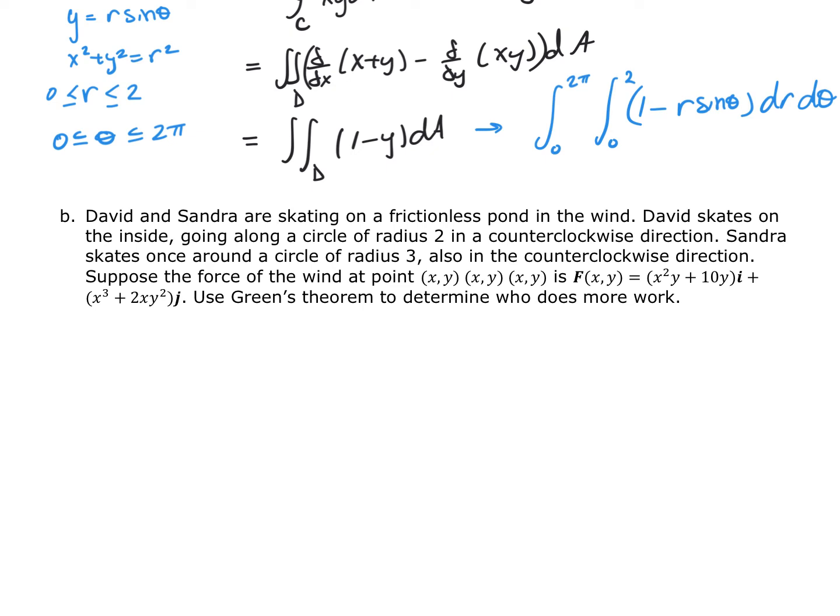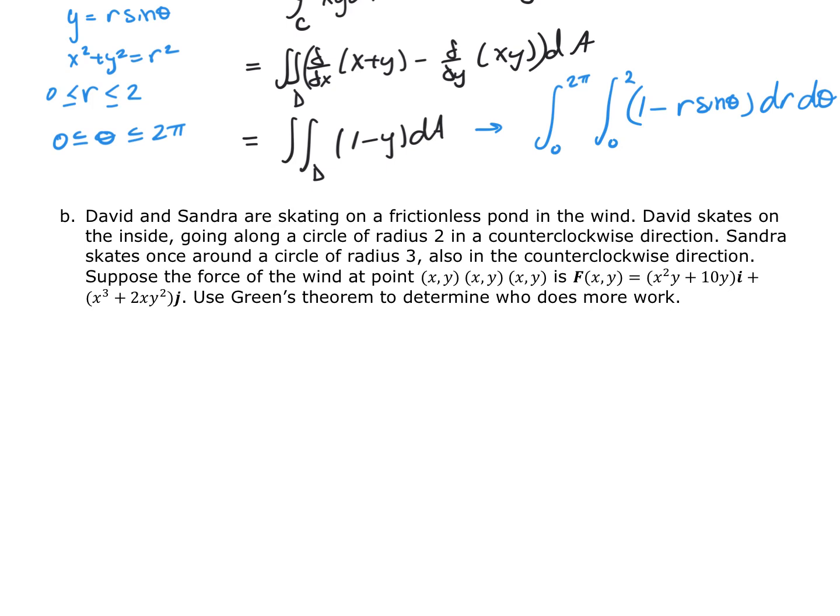The wind at the point xy is the vector field F of xy equal to (x squared y plus 10y) in the i direction, and (x cubed plus 2xy squared) in the j direction. Use Green's theorem to determine who does more work.